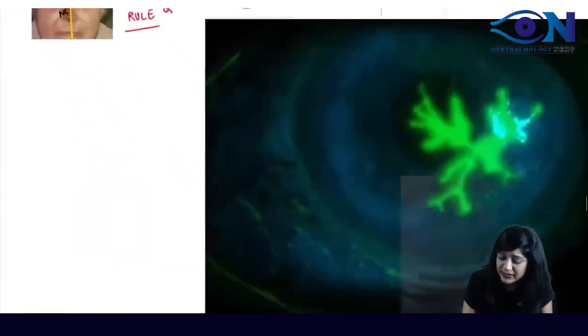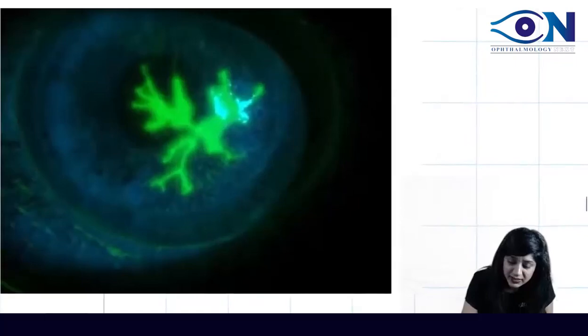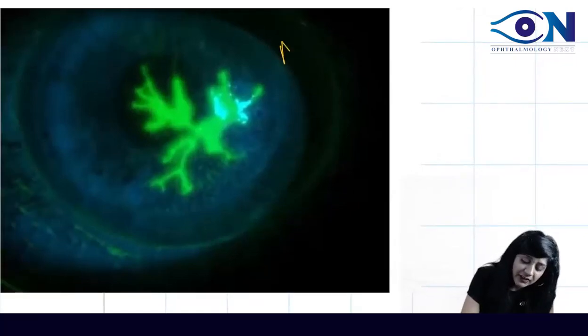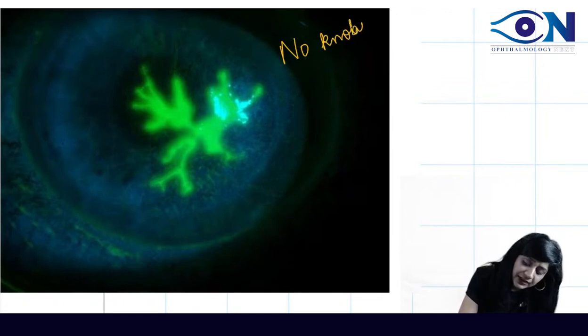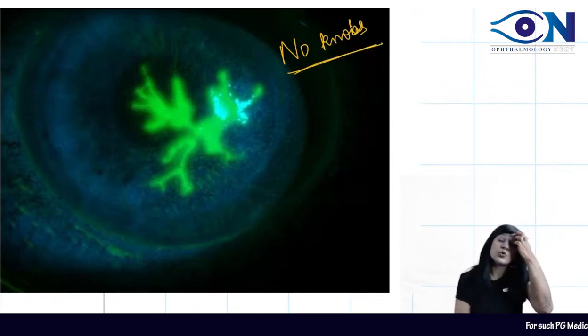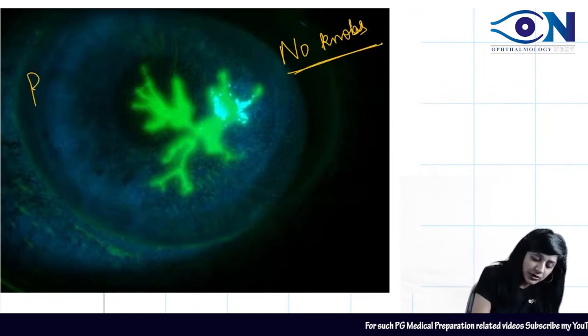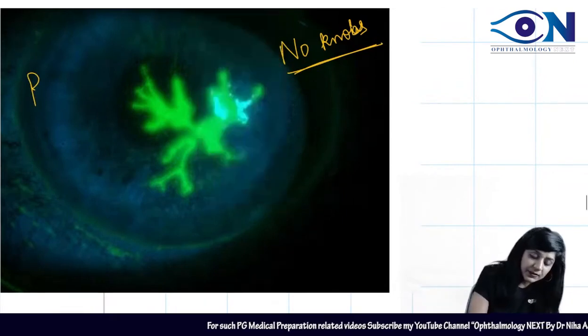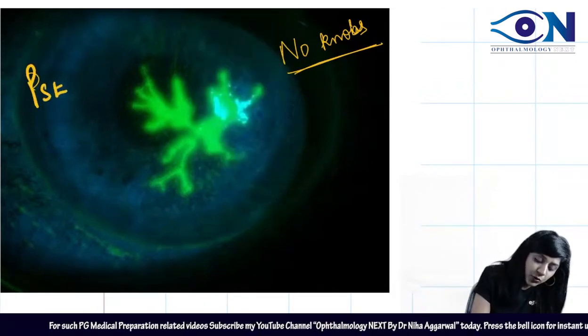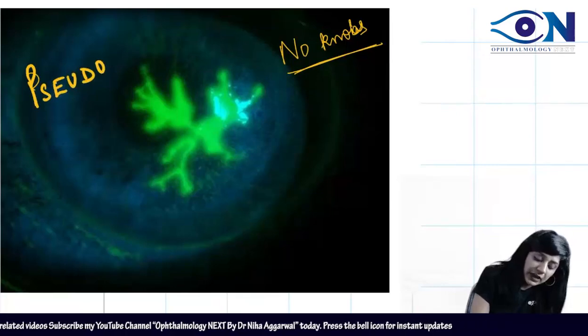And the important thing is this. ये देखो, what is this? Can you see here, I am not having knobs, no knobs, but I am having the dendritic pattern. So this is your pseudodendrites.